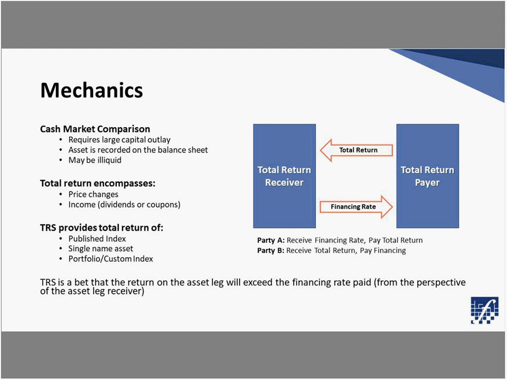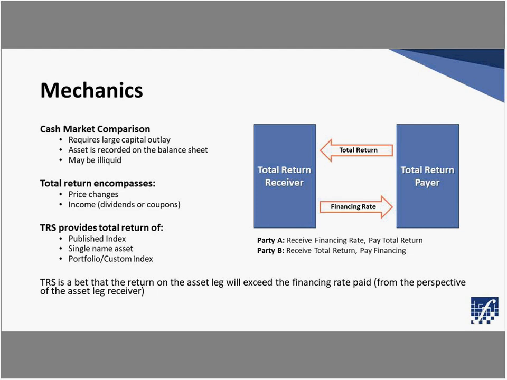On the right-hand side, just a simple diagram of a total return swap. You have two legs. One is the total return receiver, and the other is the total return payer. So you can enter in on either side, whether you want long or short exposure. The total return receiver would obviously receive the total return and then would pay some financing rate, which we will get into a little bit later on how that's determined.